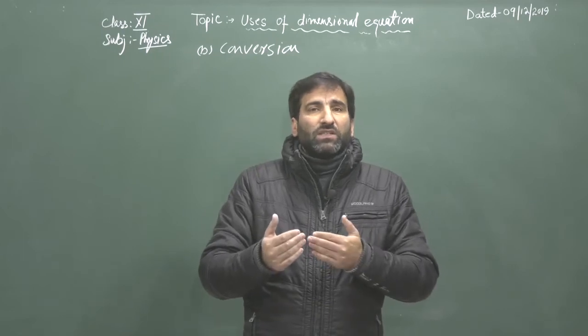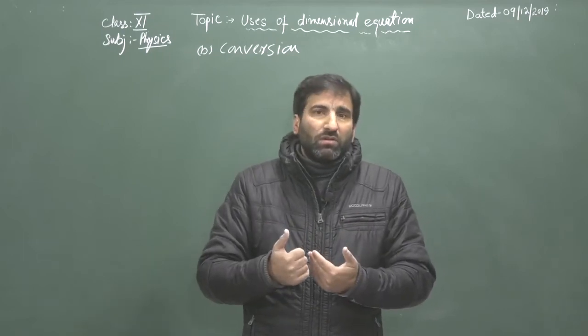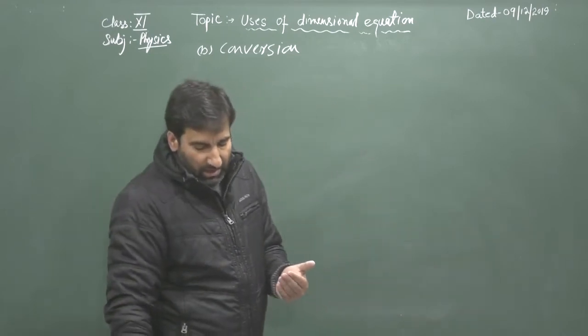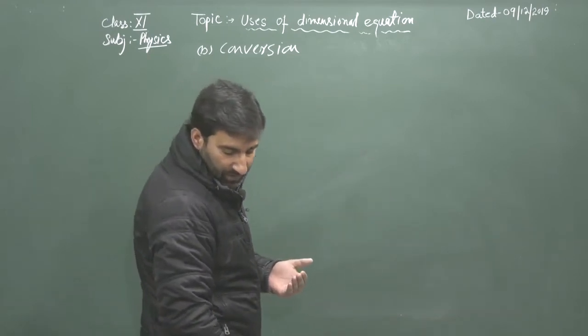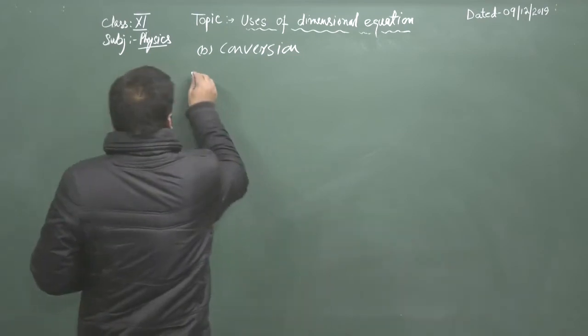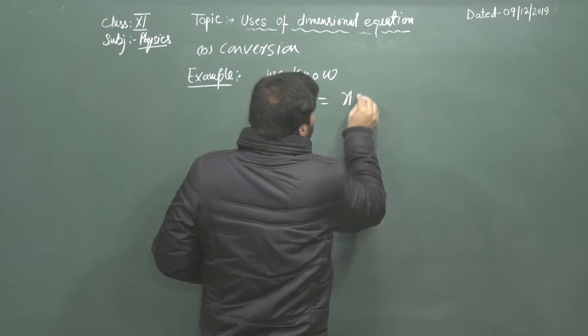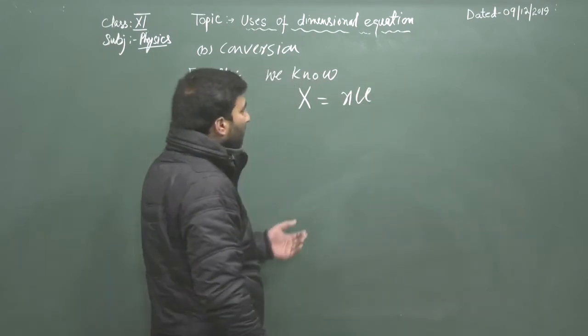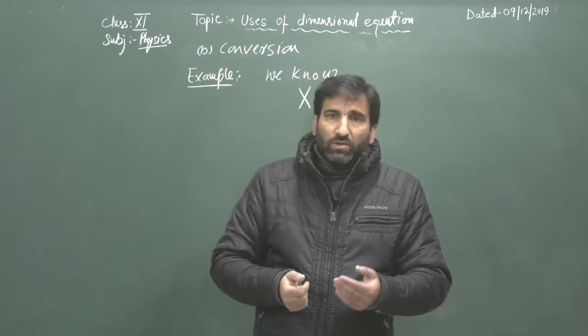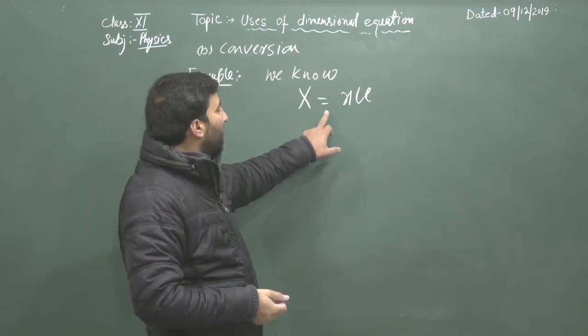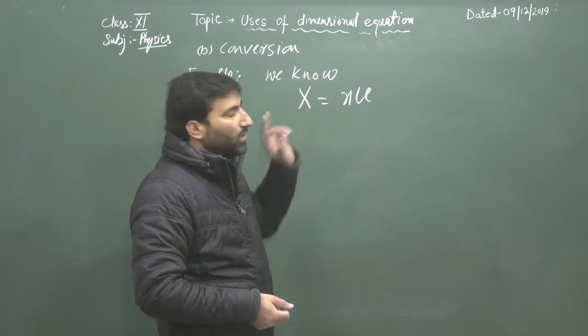When units change, the numerical value may also change. So how can we deal with this? Let us consider a physical quantity, for example x is equal to nu. We know a physical quantity x can be expressed as numerical value and unit.